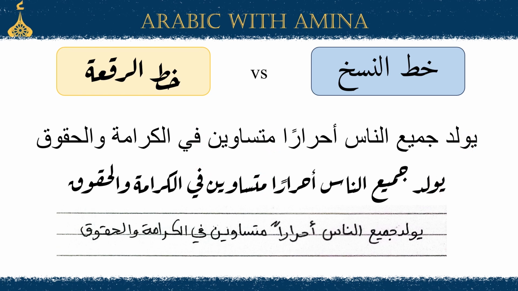Additionally, pay attention to how the letter Noon is written at the end of words, as well as the letter Qaf. You can see that the dots of it are not written in Reqaa. However, some people will write them nonetheless.